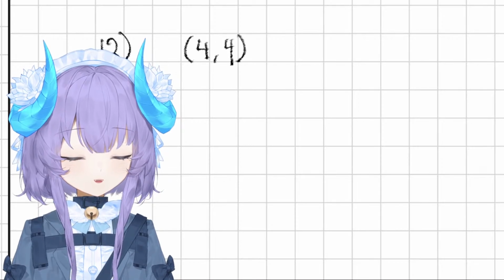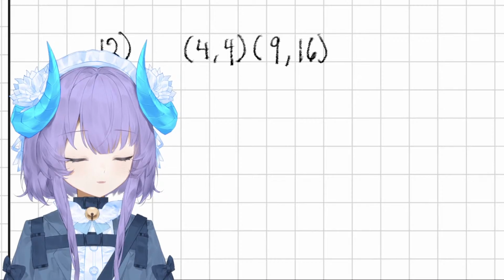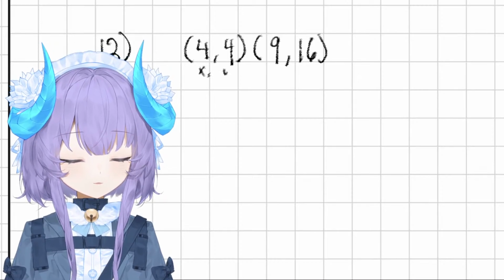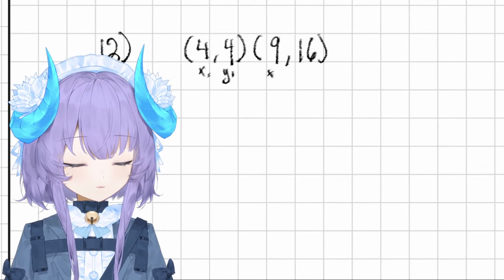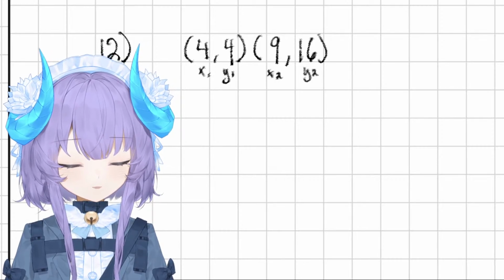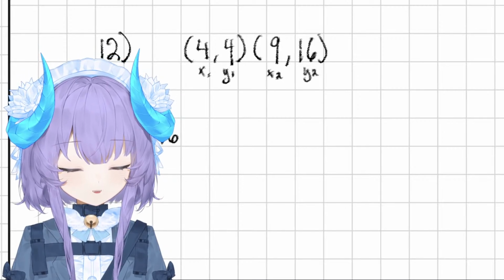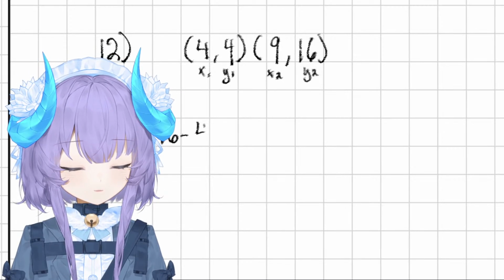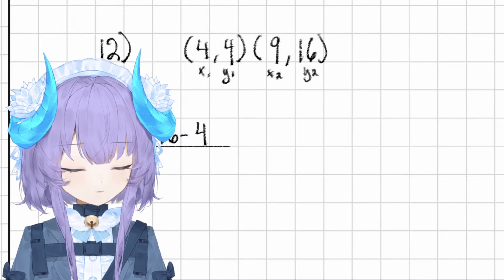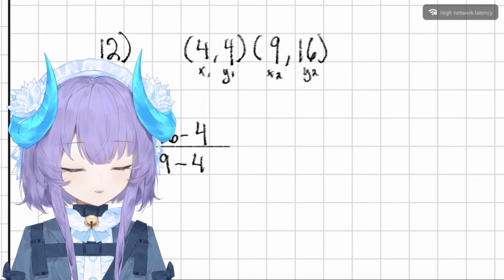So we have the coordinates 4, 4 and 9, 16, x1, y1, x2, y2. I believe what we're looking at is the formula where we go 16 minus 4 over 9 minus 4, right?